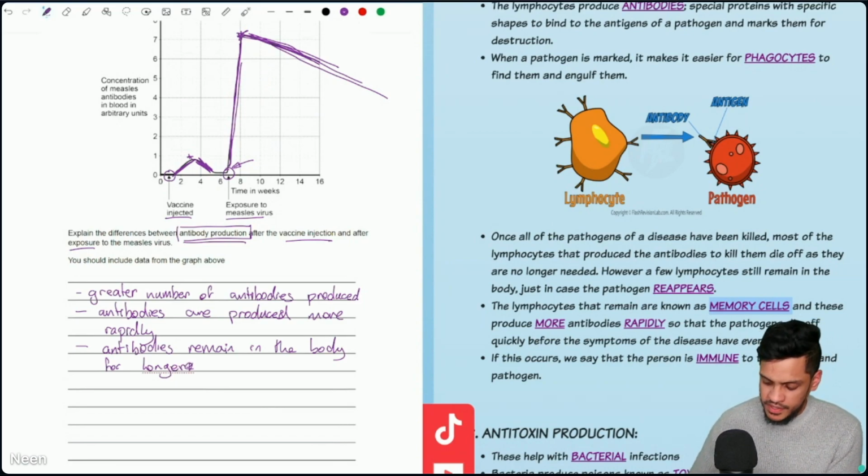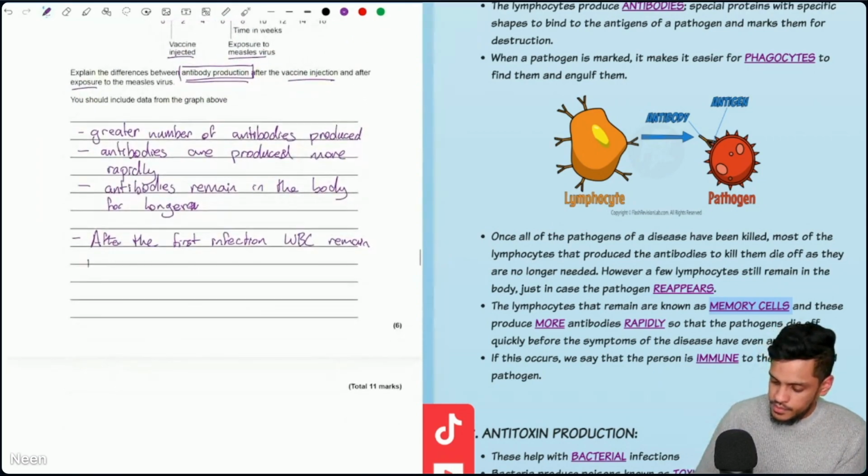Okay, and then we need to explain that. Why is that? It's because of the memory cells. So after the first infection, so I'm talking about this one here, after the first infection, white blood cells remain in the body as memory cells.